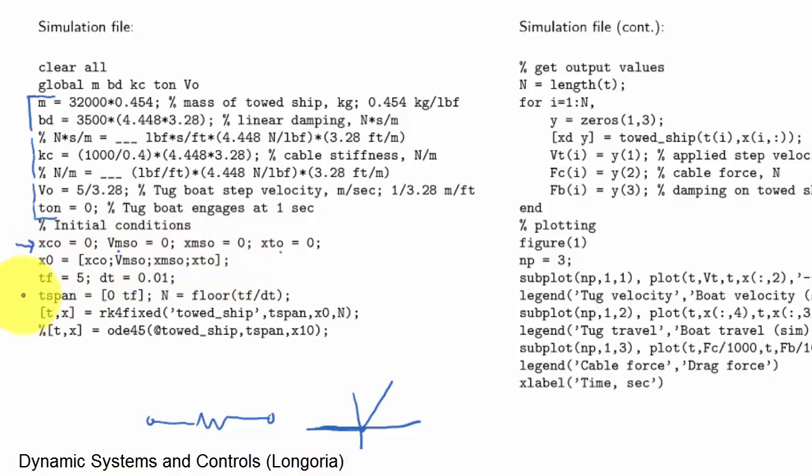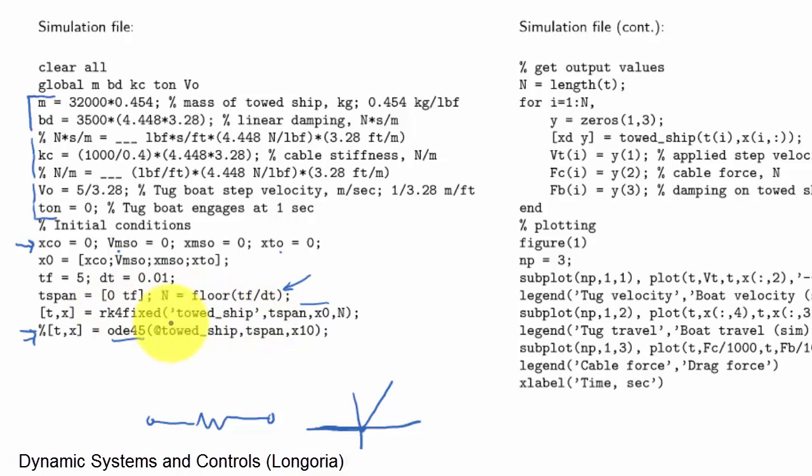Okay, then I'm going to integrate for 5 seconds with a step of 0.01, so I compute my number of steps. We've gone through all this before in those simpler examples. I have this one commented out where I called ODE 4.5, but I'm using RK4 fixed. Different notation here.